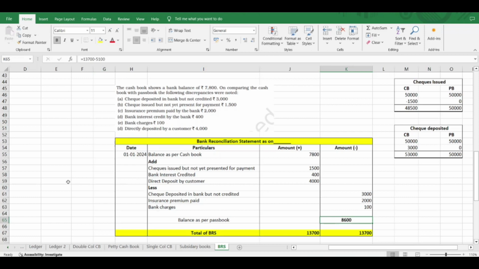Now we have reconciled both the books, cash book and passbook, and arrived at the balance as per passbook of rupees 8,600. This was a very small problem, but there were very important transactions where we looked at how to record them in our bank reconciliation statement.